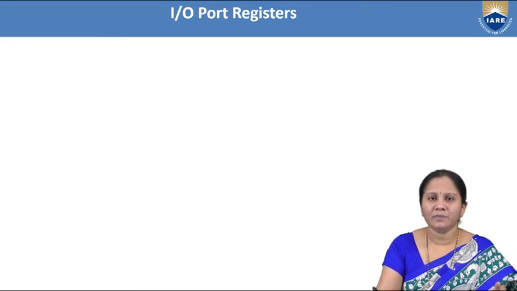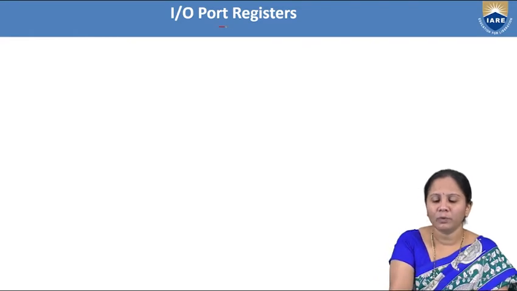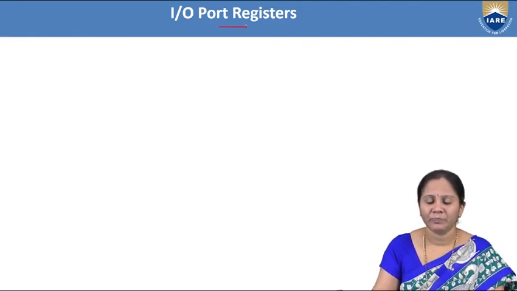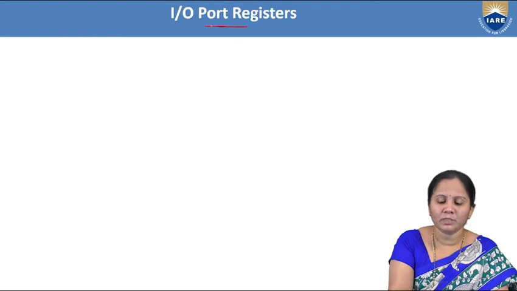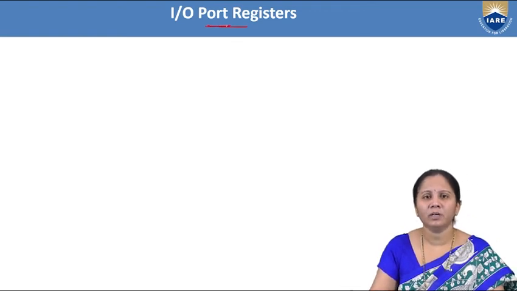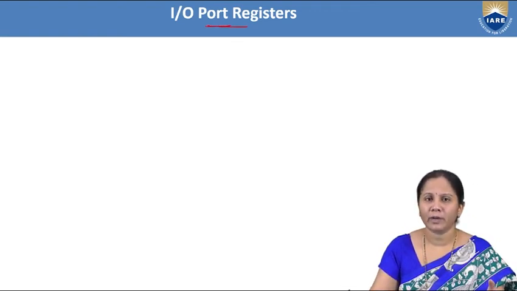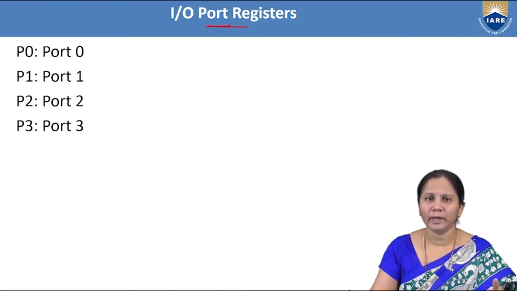The next classification of registers that are available in the 8051 microcontroller is IO port registers. IO port registers are related to the port pins of the 8051 microcontroller. As we know, the 8051 microcontroller has 4 ports, that is port 0, port 1, port 2 and port 3.